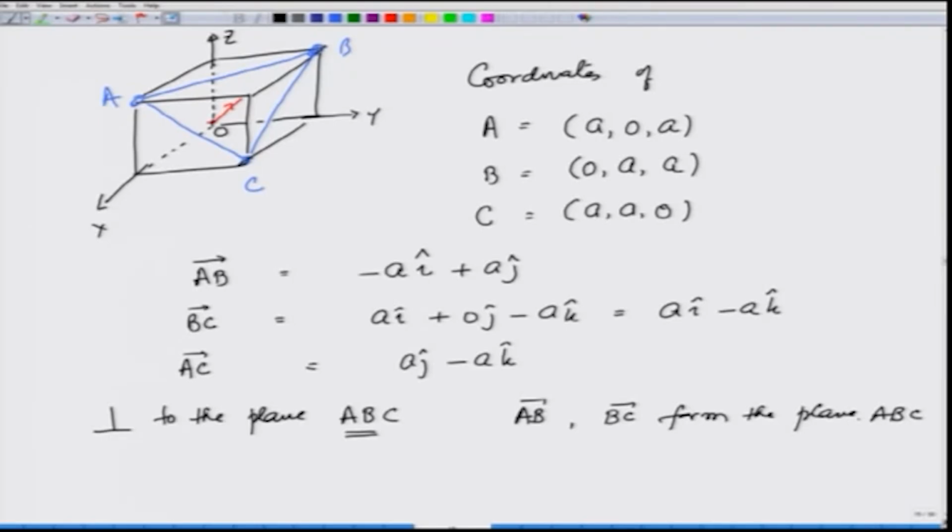Two vectors are enough to form plane ABC, and AB cross BC is going to be a vector perpendicular to the plane ABC, because cross product is always perpendicular to the plane formed by those two vectors. So, let us calculate AB cross BC.